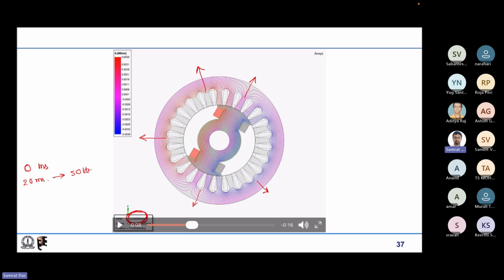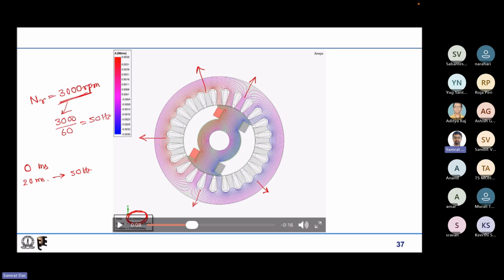And the rotational speed that I have given for the rotor, the mechanical speed, is actually 3000 rpm. So you know that 3000 rpm in frequency corresponds to 3000 by 60, that is 50 hertz.